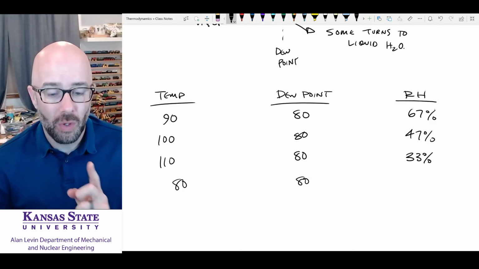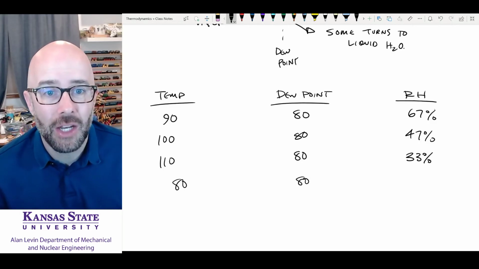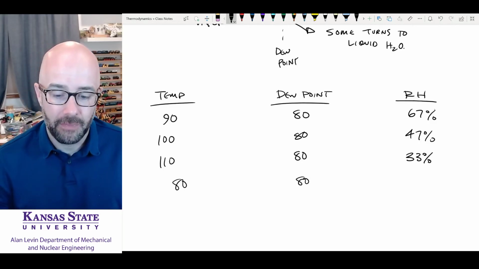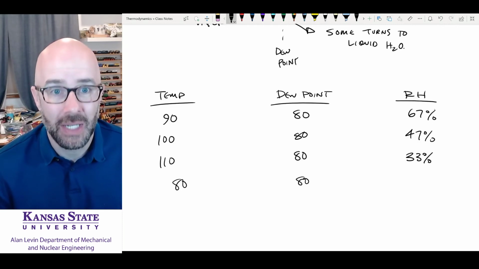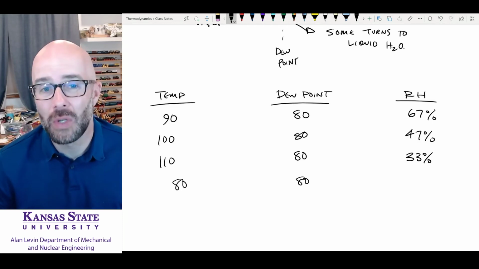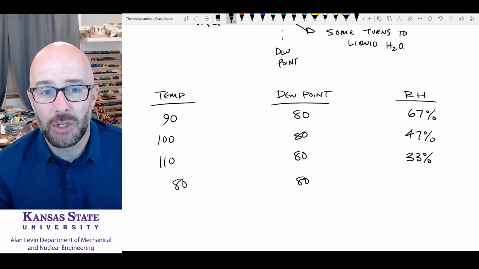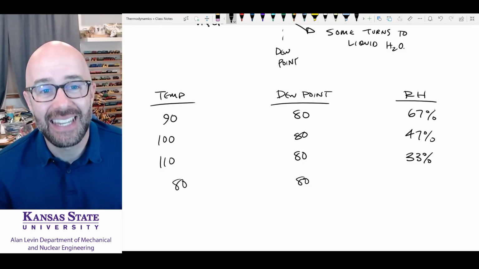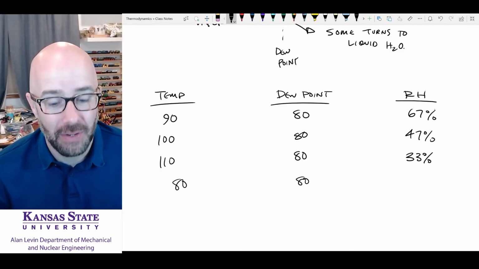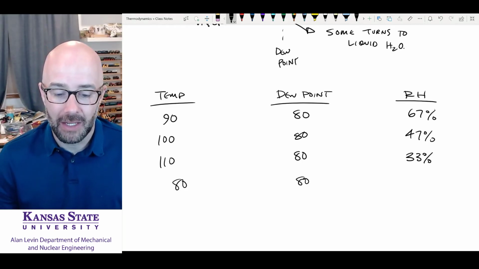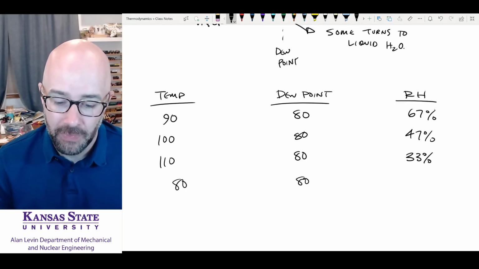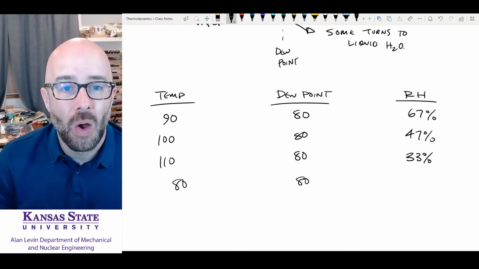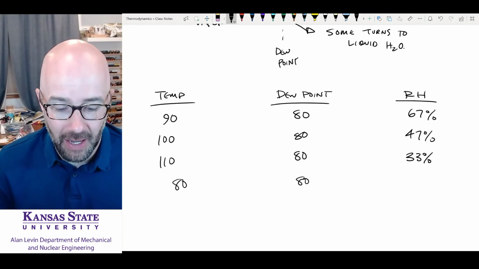Now, the world's record high dew point was 95 degrees. Think about that. It meant water was starting to condense out of the air at 95 degrees Fahrenheit. This occurred in Dhahran, Saudi Arabia. The temperature that day was 108 degrees Fahrenheit.